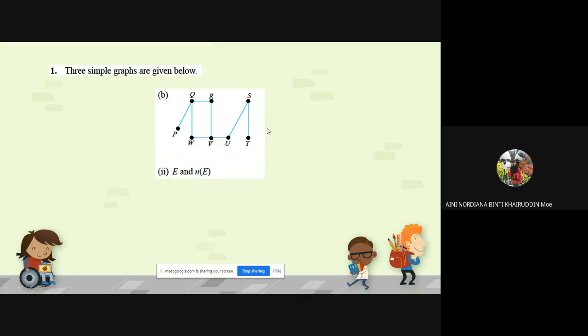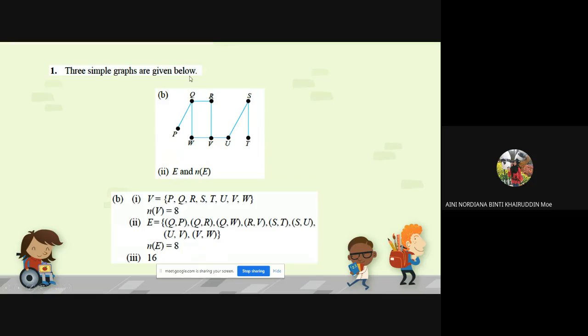Next for B. Vertex P, Q, R, S, T, U, V, W. Number of vertex 8.